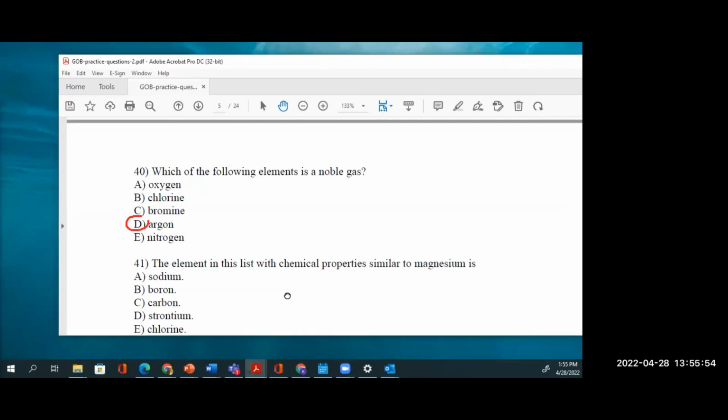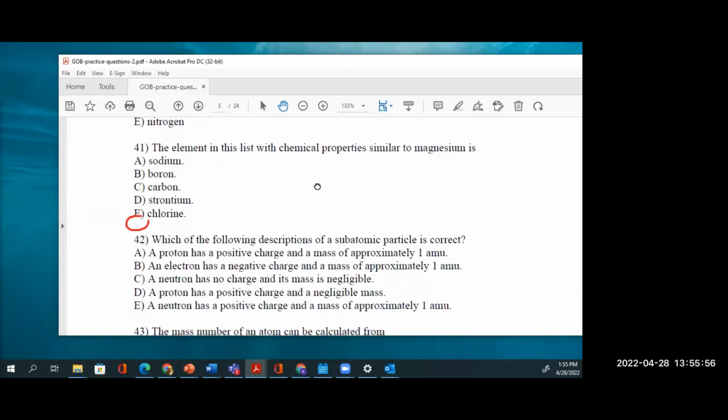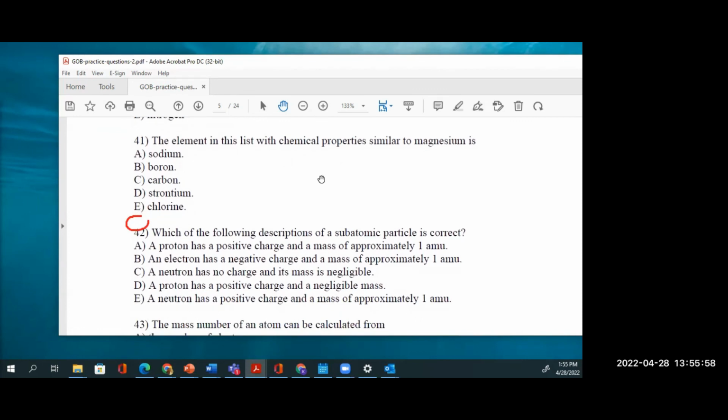Or I'll take a look at another question on the exam and then use that to help me answer another question. Okay, so which is the element in this list with chemical properties similar to magnesium? You said D. You didn't even let me finish the question.